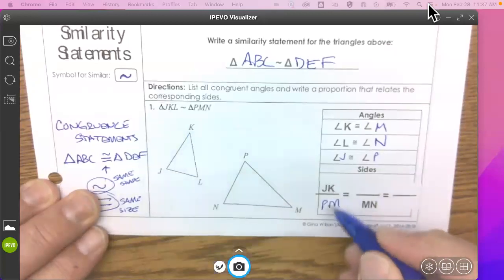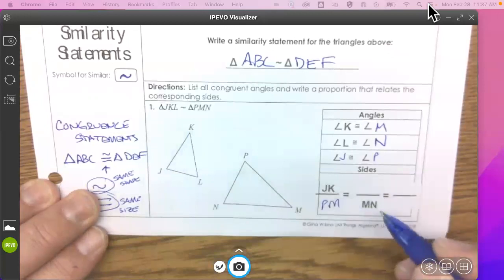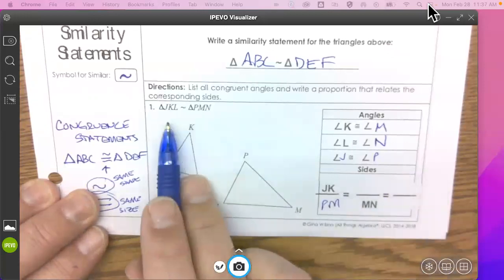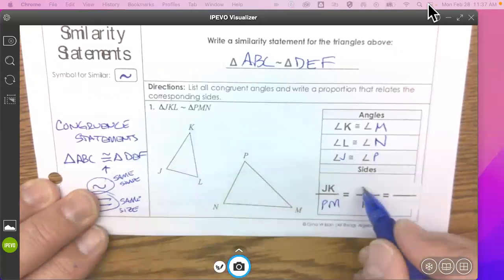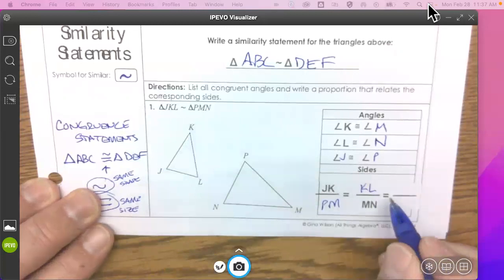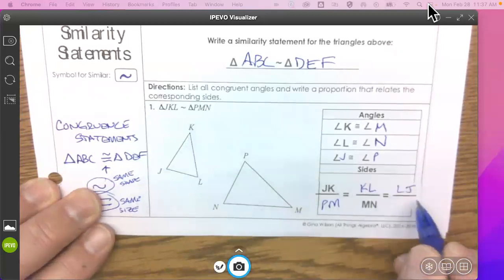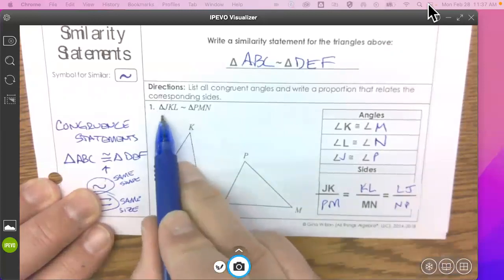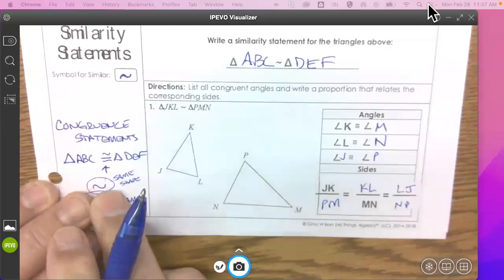And if I take that ratio, it is the same as the ratio of what to MN? KL. And if that ratio were compared to the third side, it would be what over what? Sounds great. LJ could also have been JL and NP. In other words, the first and the third, and the first and the third.